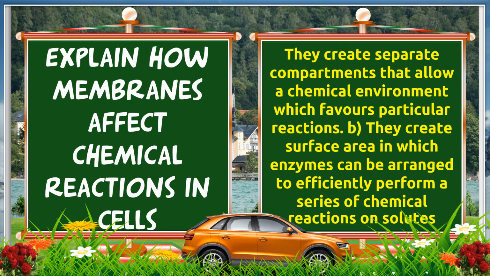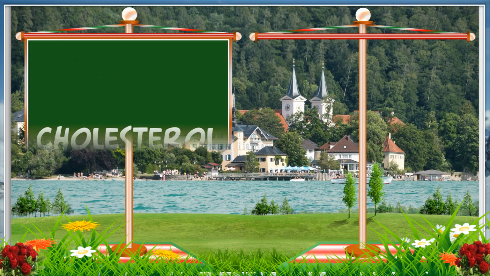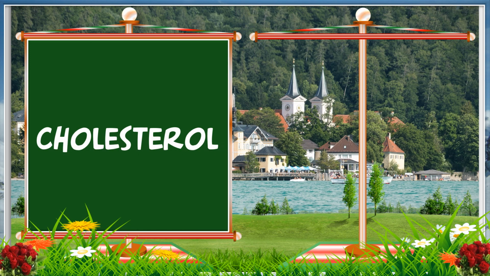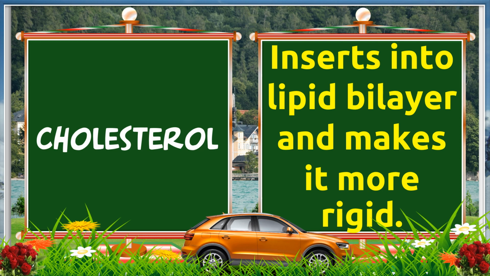They create surface area in which enzymes can be arranged to efficiently perform a series of chemical reactions on solutes. Cholesterol. Inserts into lipid bilayer and makes it more rigid.